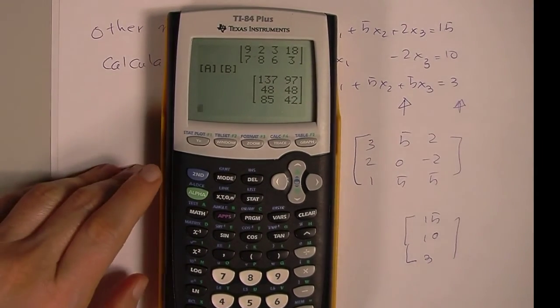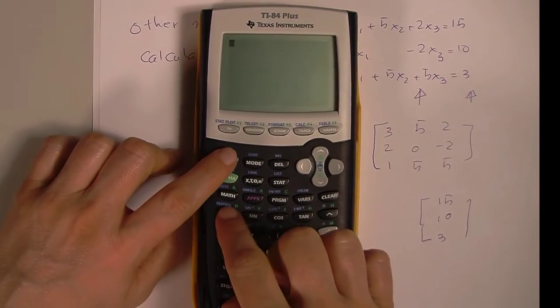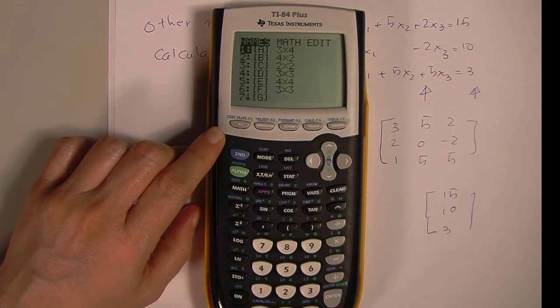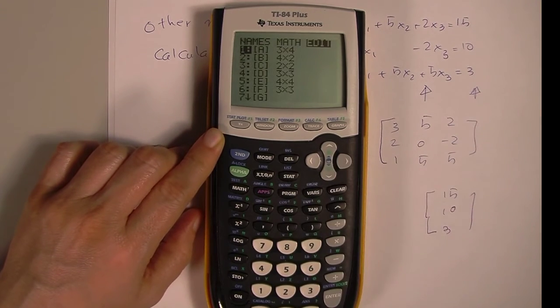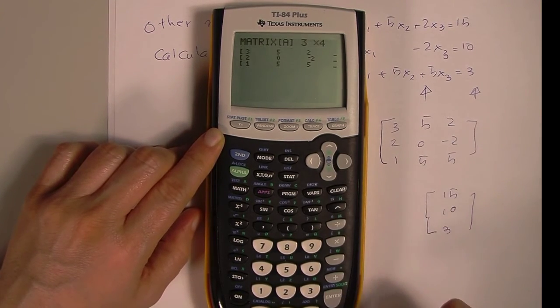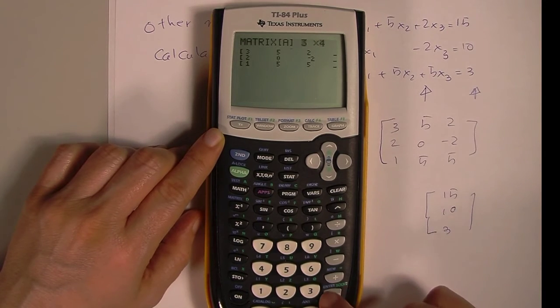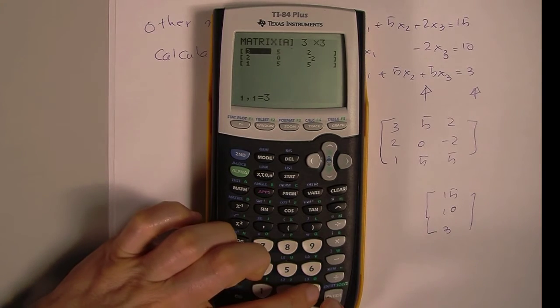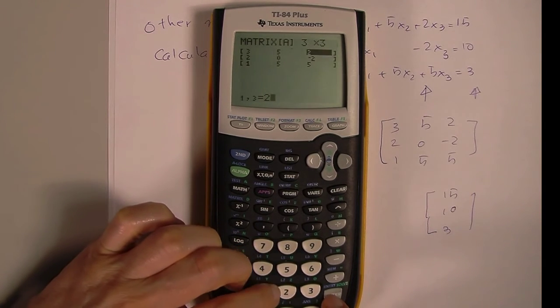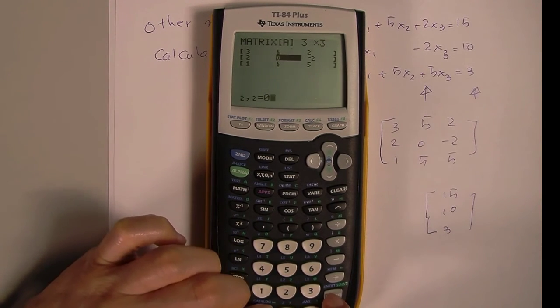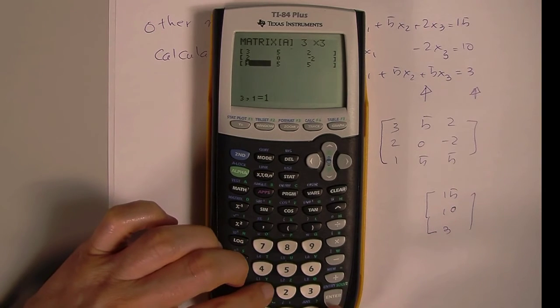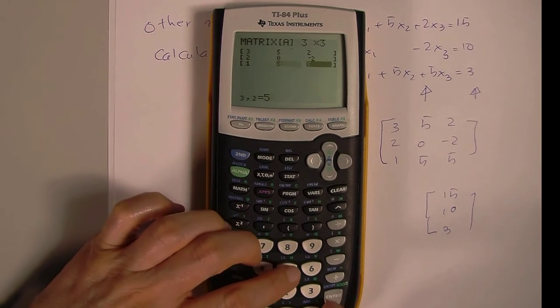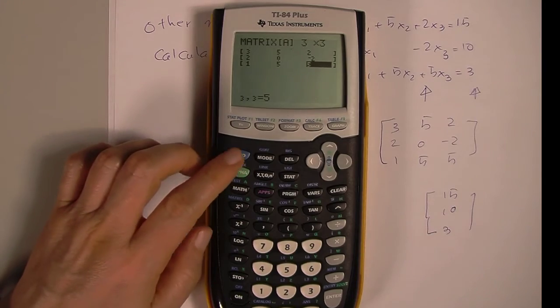Now, in my calculator, I clear everything out, I go to edit, and I enter, I need a 3 by 3 first. So I enter that one, 3, 5, 2, 2, 0, negative 2, 1, 5, 5.